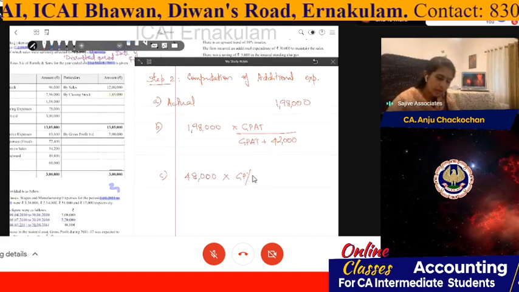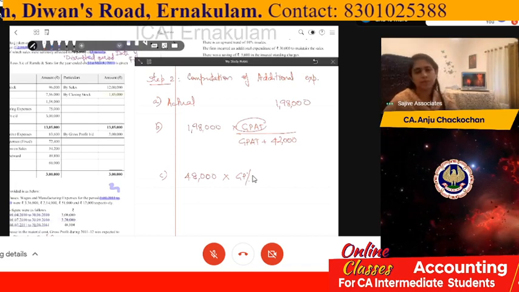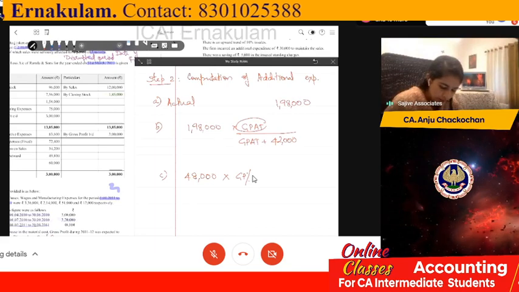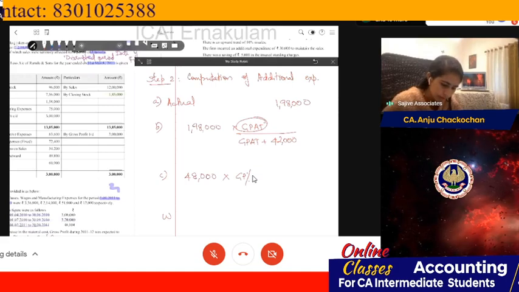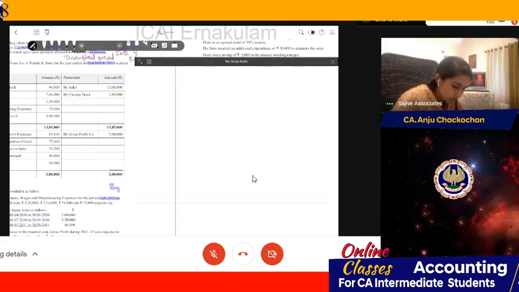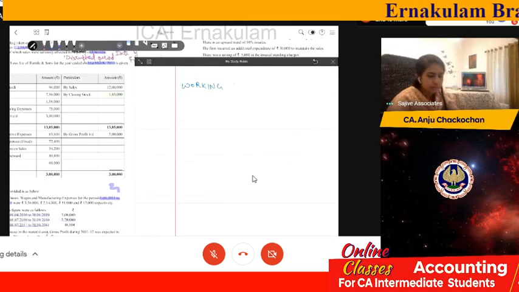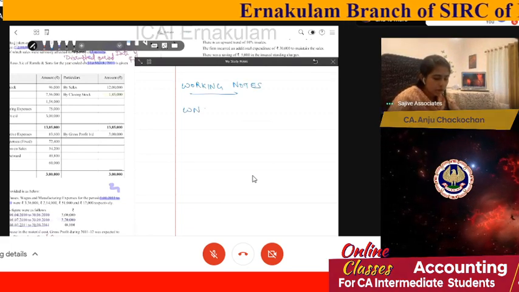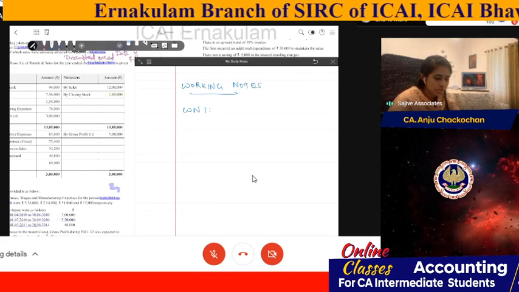So the task remaining for you now is GPAT, and once you compute the GP percentage, you will be able to get the GPAT. After this, leave some space there, and then start with your working notes. Working note number 1: you will have to compute GP percentage.